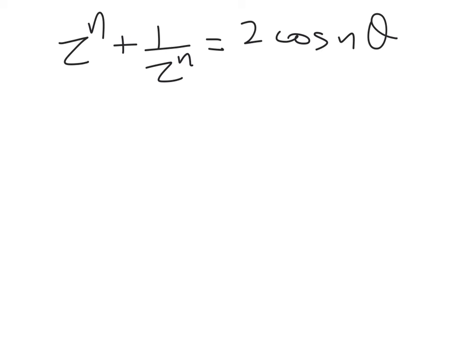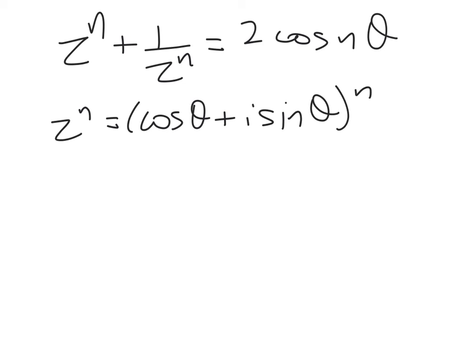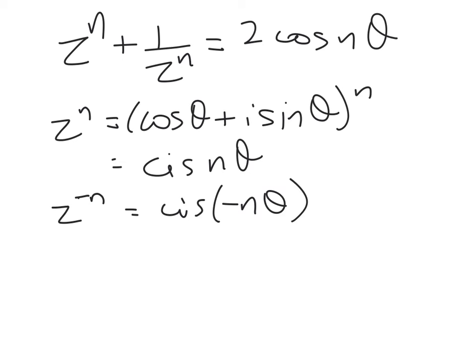Now, I'm pretty sure that anyone sitting scholarship is going to spot that the way to start this, by this stage in the year, is to use de Moivre's theorem, right? But some of you might not have seen that z to the negative n is equal to cis of negative n theta.